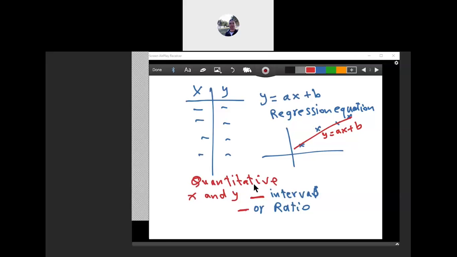So when you have quantitative data, you get the correlation coefficient between x and y. You have the formula for this one. Is this Spearman or Pearson?